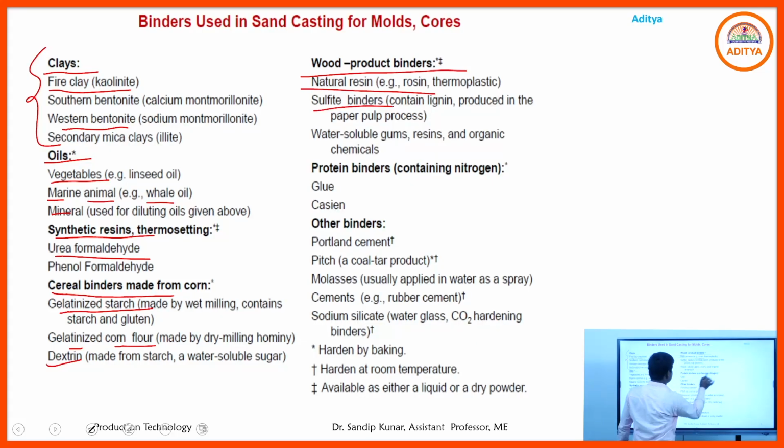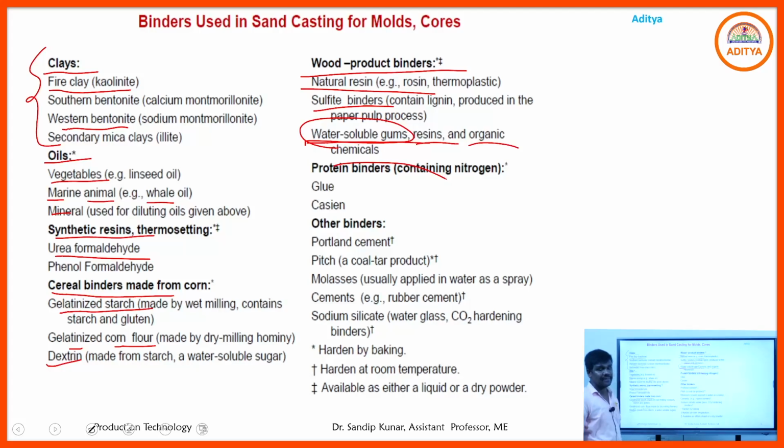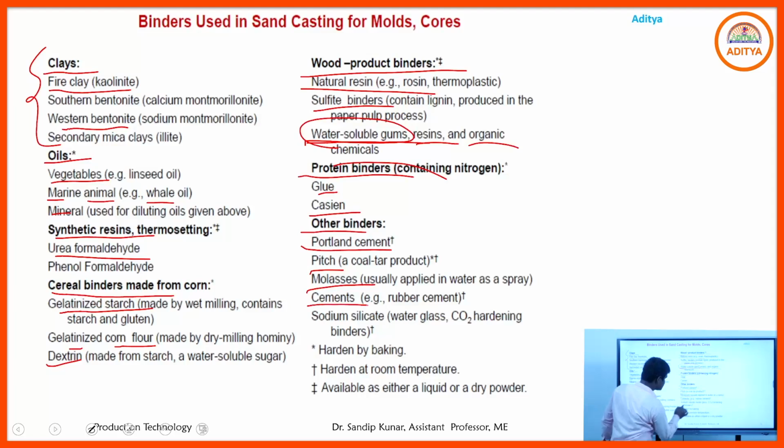Sulfite binders, water soluble gums, resins, organic chemicals also act as binders. Another is protein binders: glue, casein. Other binders include Portland cement, pitch, molasses, cement, sodium silicate.